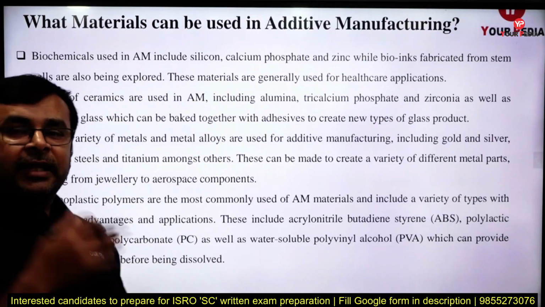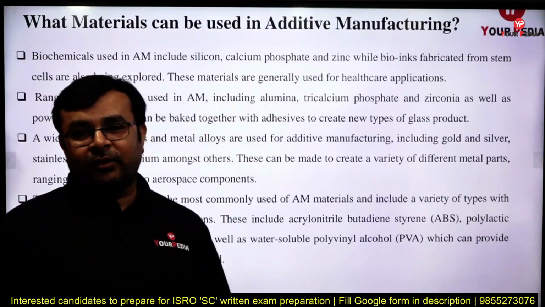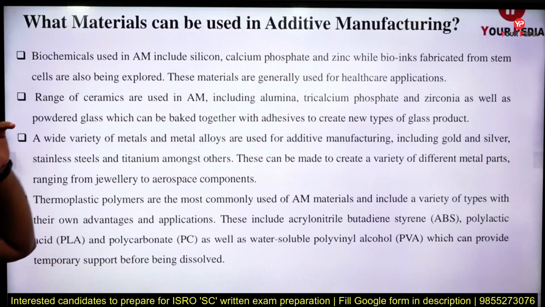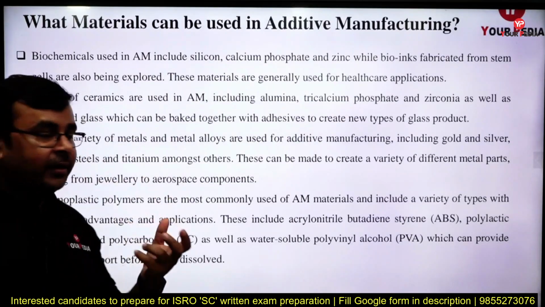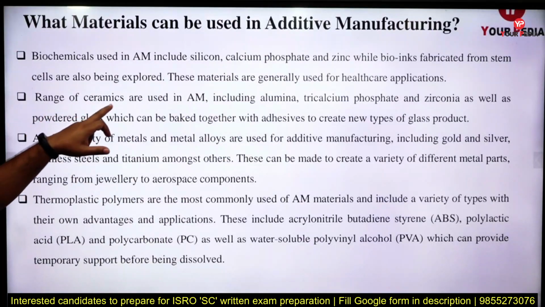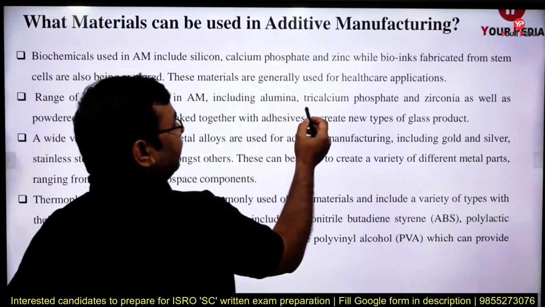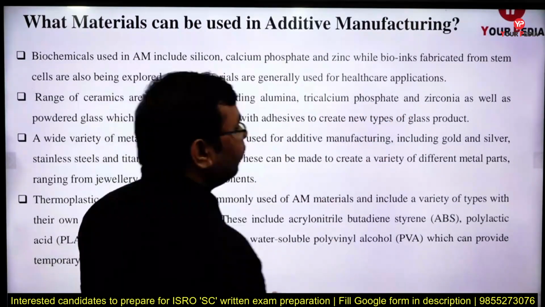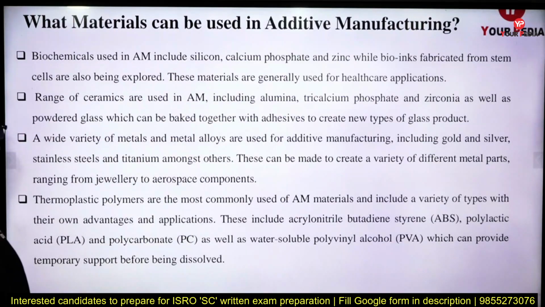With its help we can also make stem cells, which is a very advanced technology and very useful in the biomedical field. A range of ceramics are used in additive manufacturing including alumina, tricalcium phosphate, zirconia, as well as powder glass.